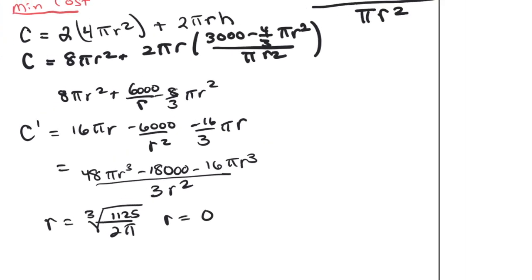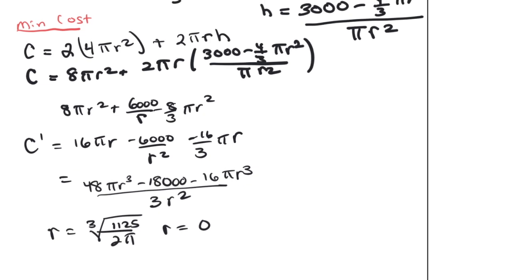Okay, so what is the domain of this thing? Look at your h. So we know that 0 is less than or equal to r is less than or equal to, let h be 0 in this constraint equation, and we're going to have 3,000 divided by pi raised to the 1/3 power.